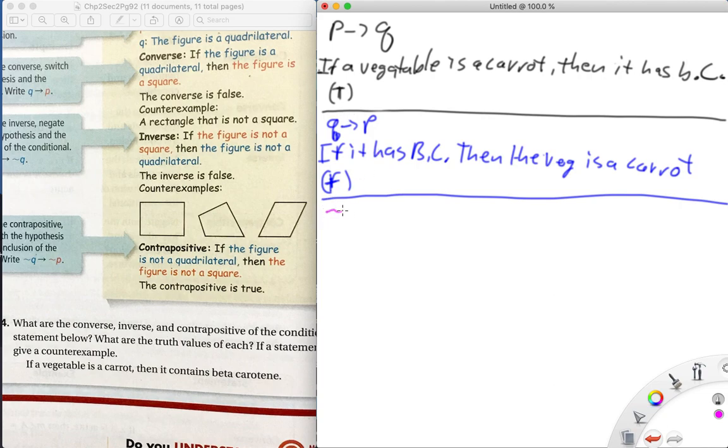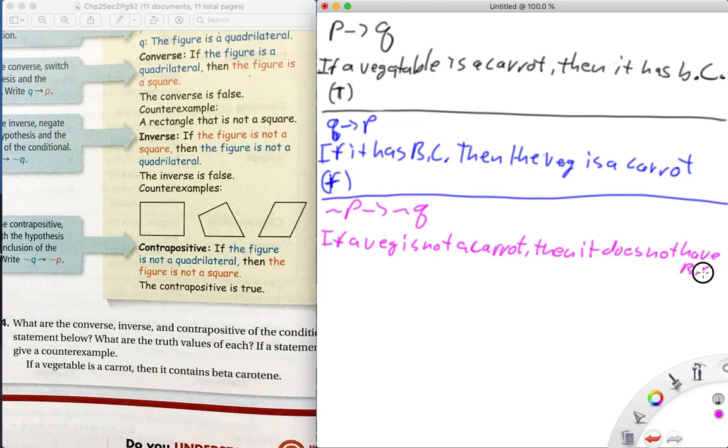Inverse, if not P, then not Q. So if a vegetable is not a carrot, then it does not have beta carotene.